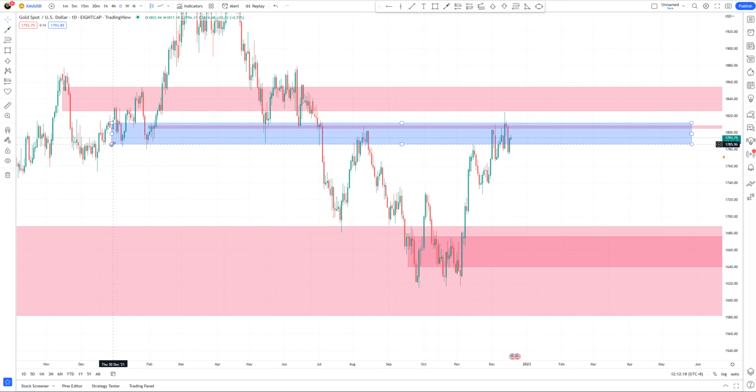If I'm going to be marking, this is going to be my first engulfing sell for the daily time frame. And then I also have price coming back into the zone, closing as our second engulfing sell. Then in this moment we can see that price has come back into the zone and closed as our third engulfing sell.